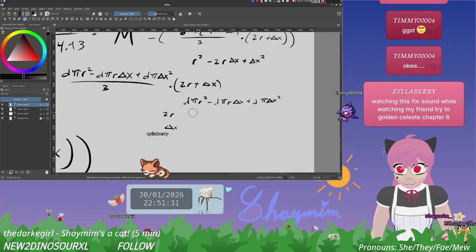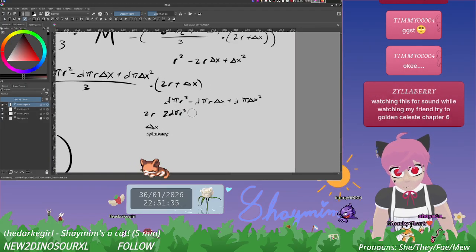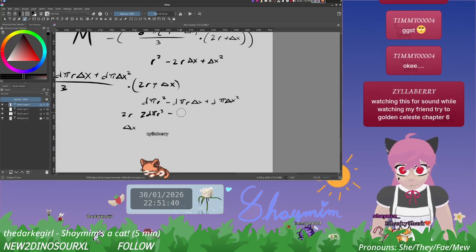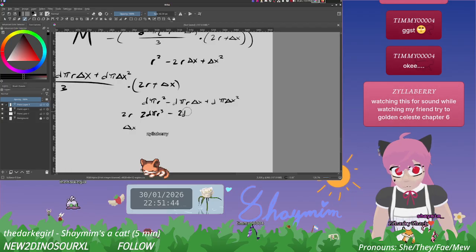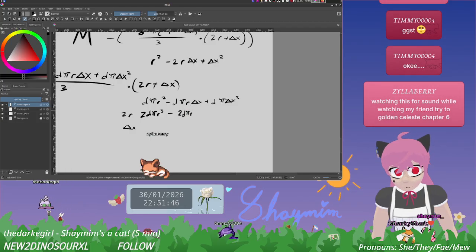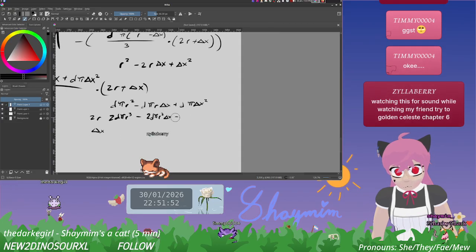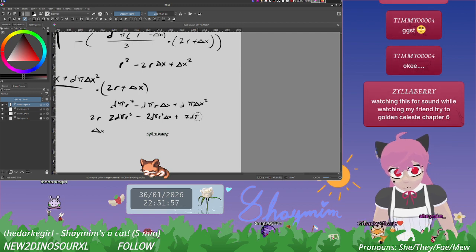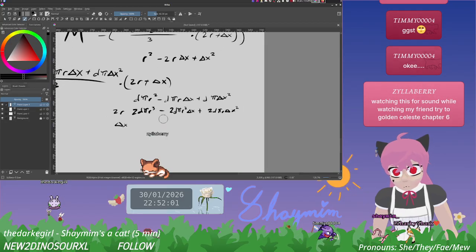So we have 2d pi r cubed, then minus 2d pi r squared delta x plus, or a positive here, 2d pi r delta x squared.